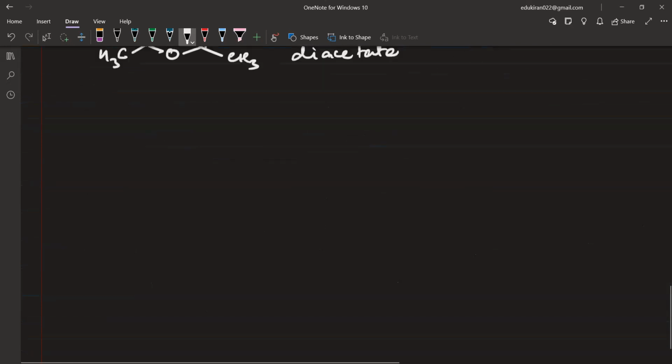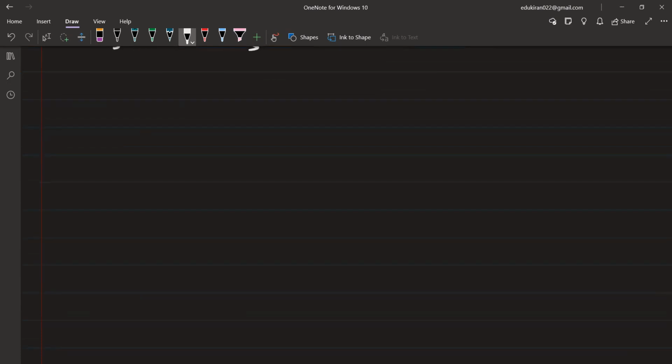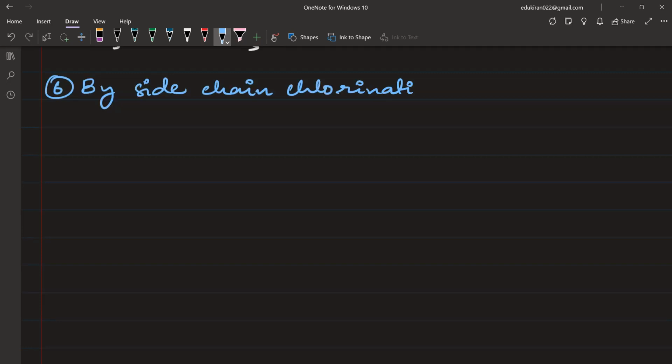Right, next. By side chain chlorination. So sixth, I think. By side chain chlorination. Now, first of all, see what happens here. We have a benzene ring like this.